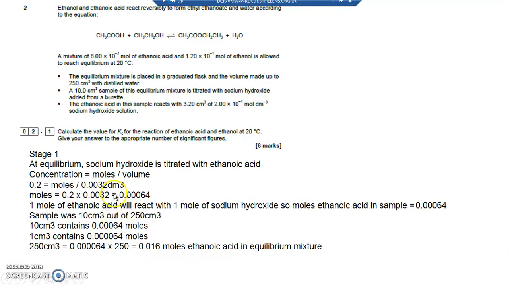Another way of doing it, if your maths is slightly stronger, is to work out that 250 centimeters cubed is 25 times larger than the 10 centimeter cubed sample. Just multiply 0.00064 by 25 and you'll come out with the same answer.